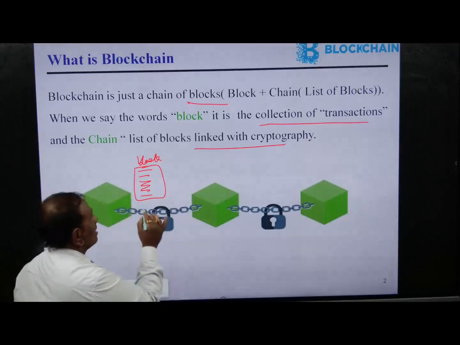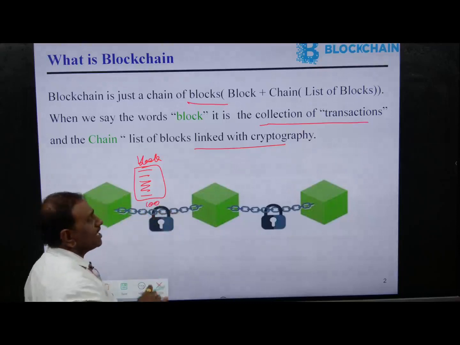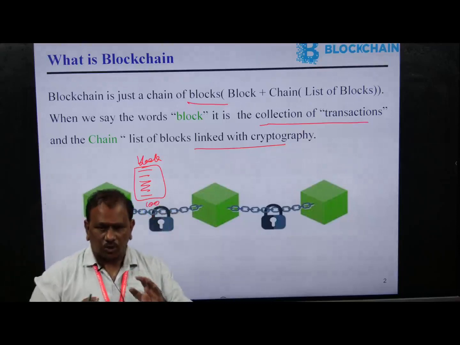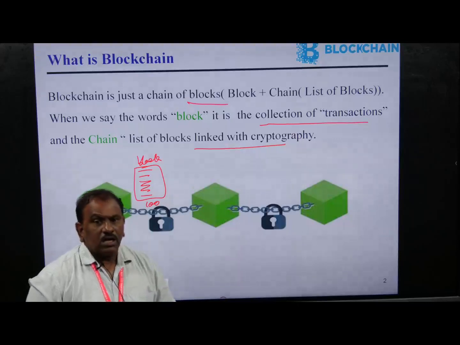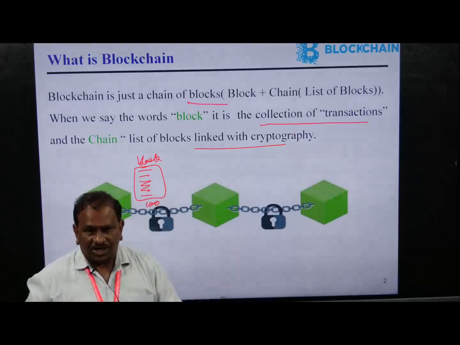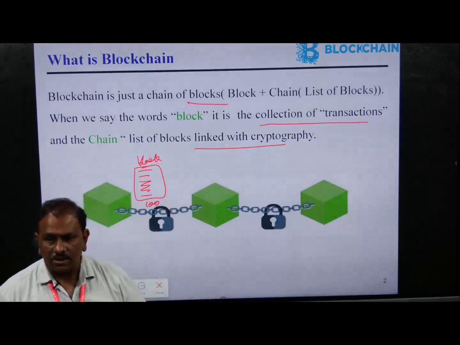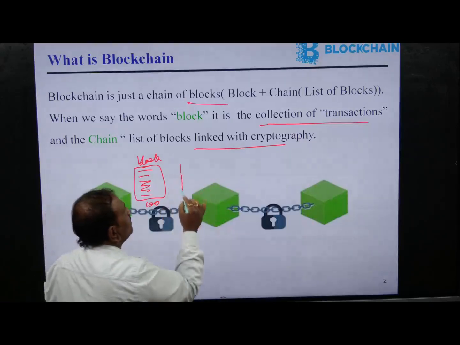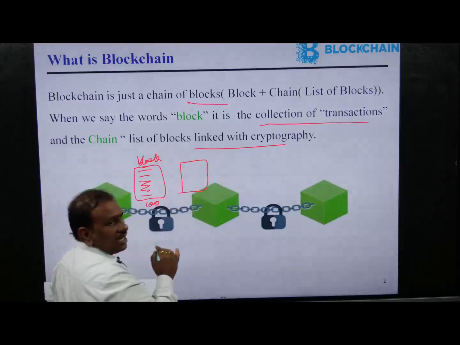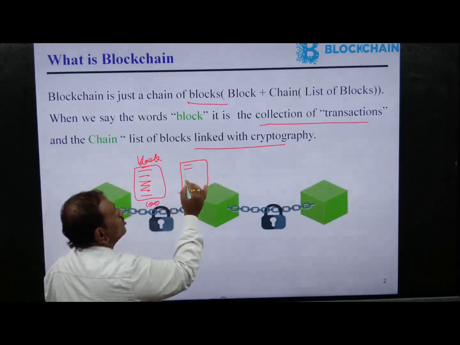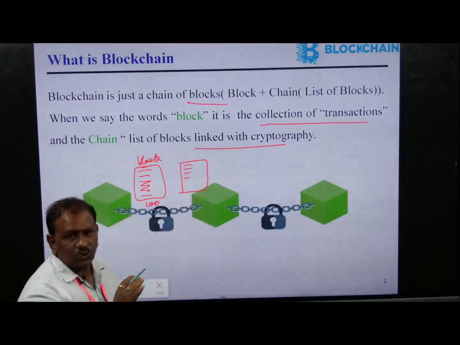Suppose 100 transactions can be stored in a particular block. After 100 transactions, if I get a 101st transaction, then another block will be created, and 101, 102, 103 will be stored in it.